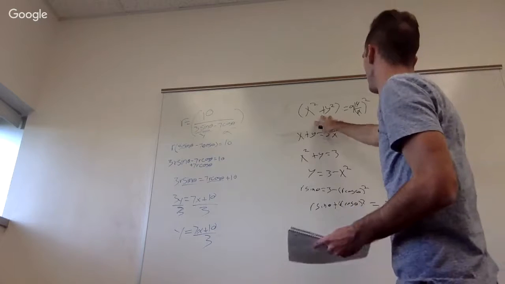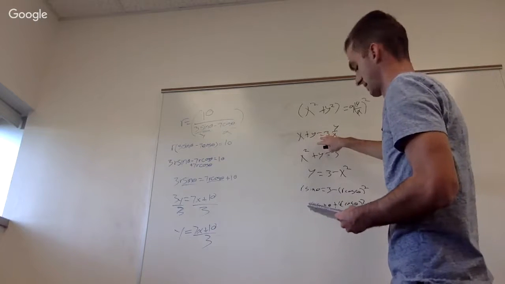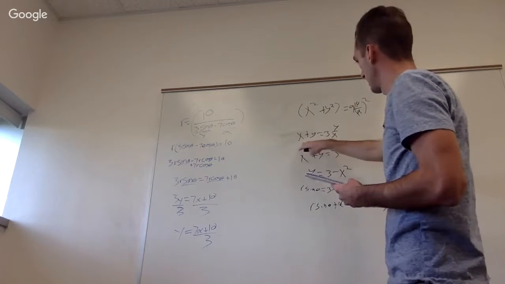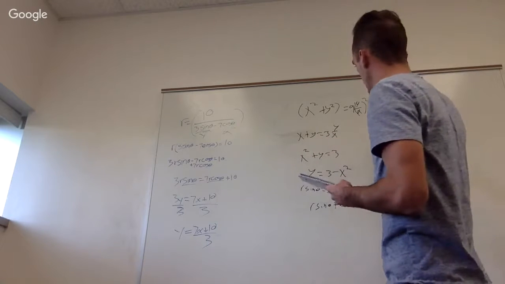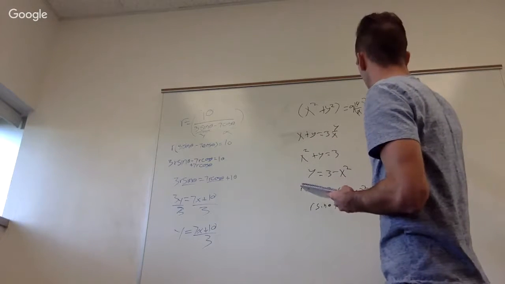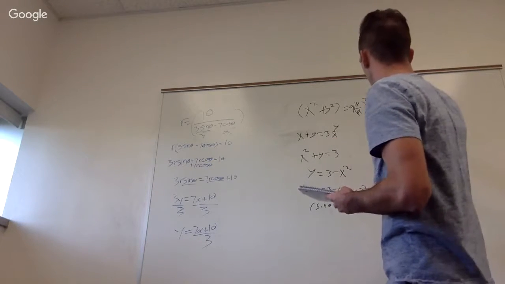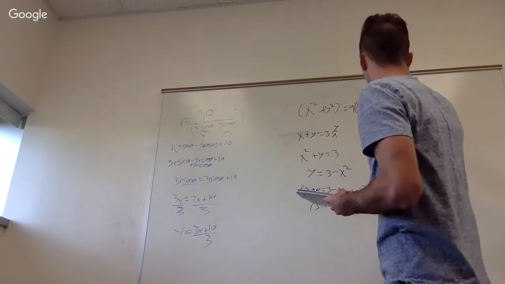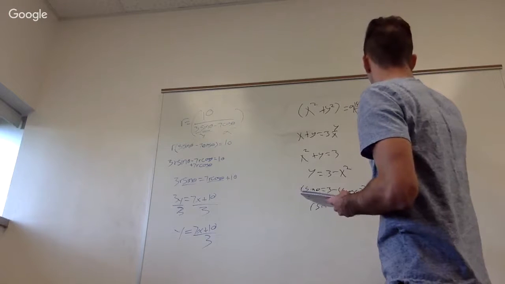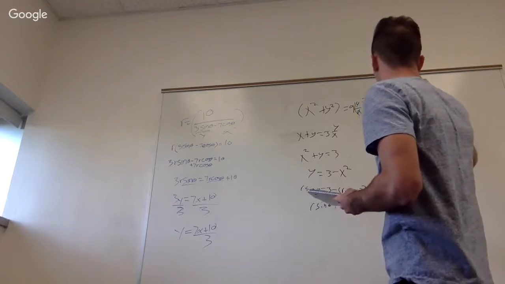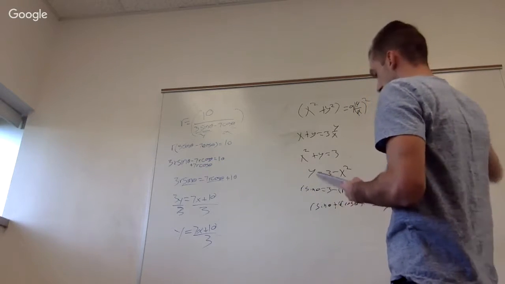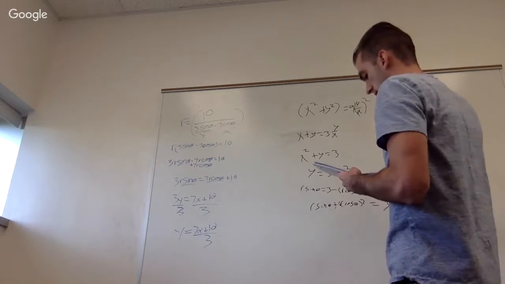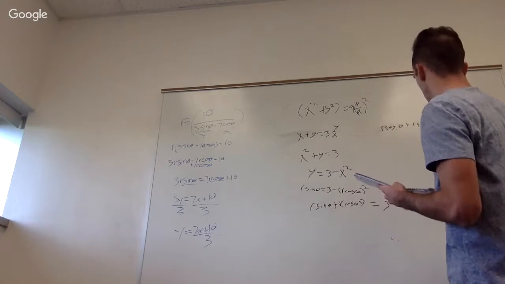So if we go back up to, let's say, we could say r cosine theta plus r sine theta equals 3, and then we know that sine over cosine equals tangent of theta.